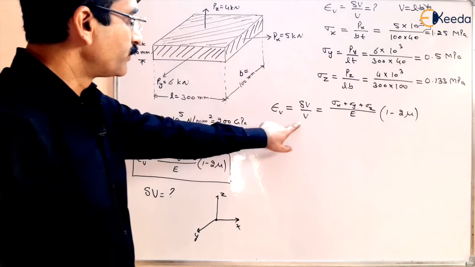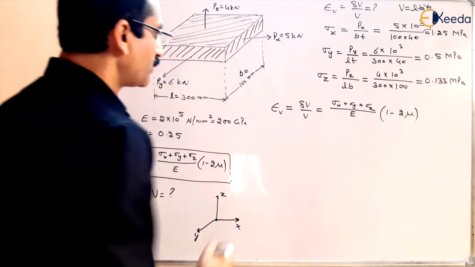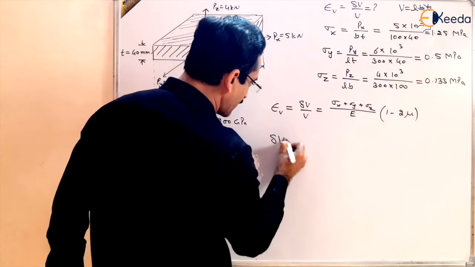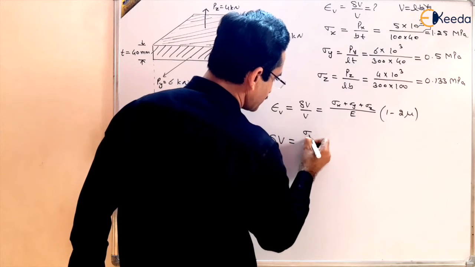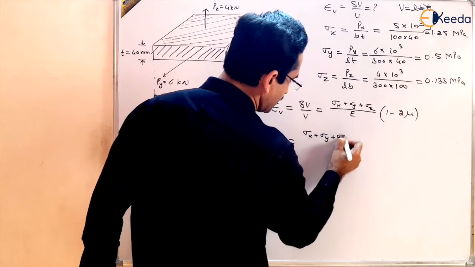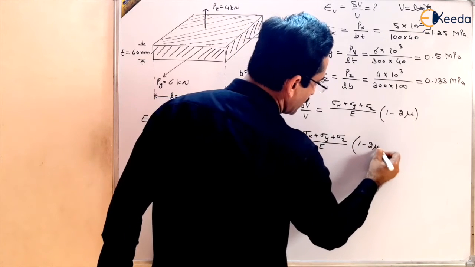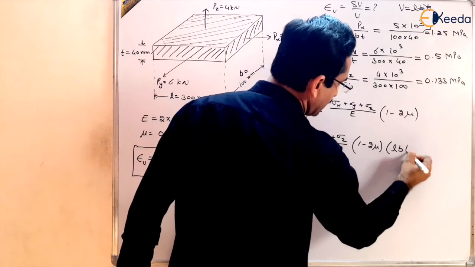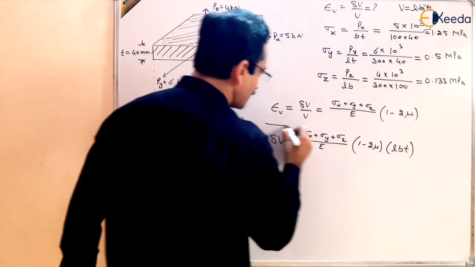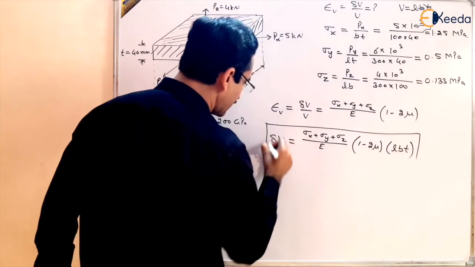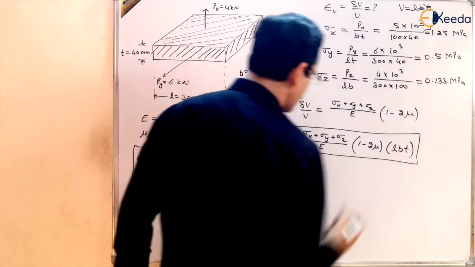Now what is volume? Volume is LBT. So the change in volume is (sigma x plus sigma y plus sigma z) by E multiplied by (1 minus 2 mu) multiplied by LBT. This is basically the change in volume of this body.